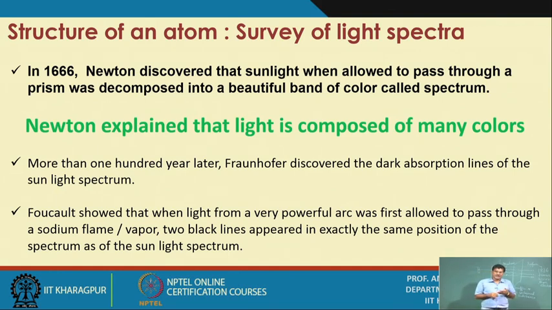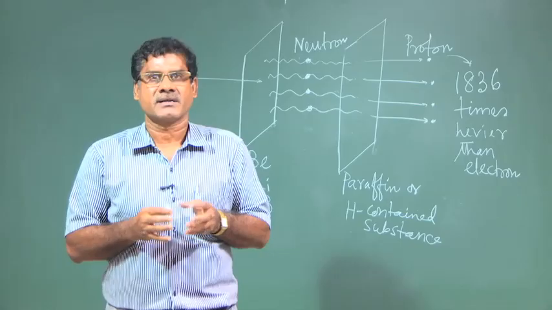Before Newton, this color band was observed whenever sunlight passed through a clear crystal, but it was thought that the color band was generated by the crystal.